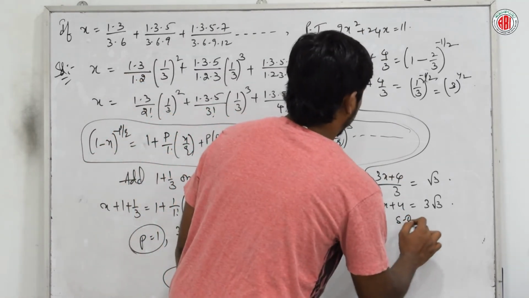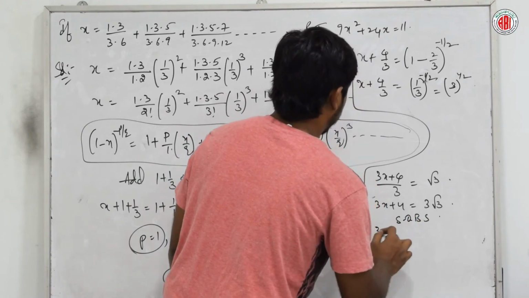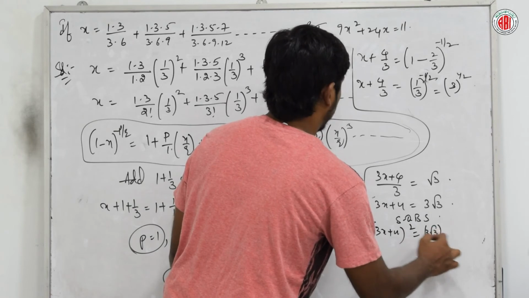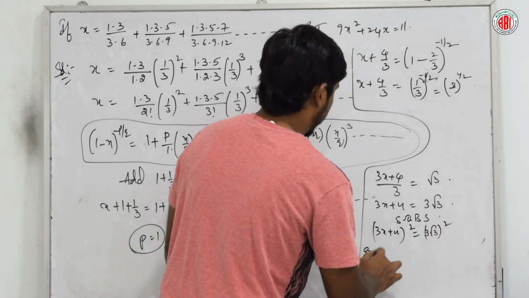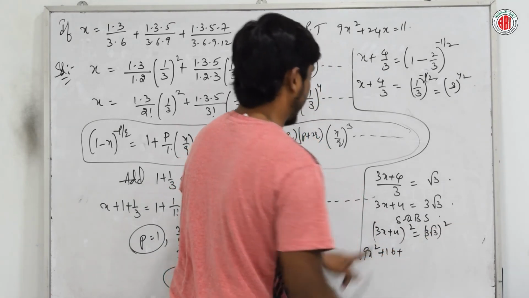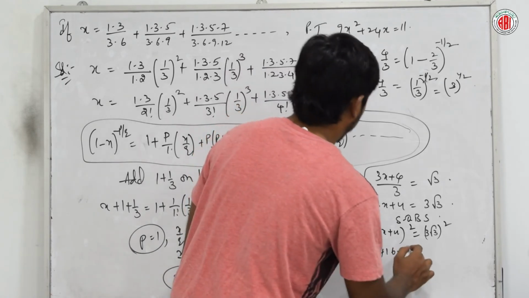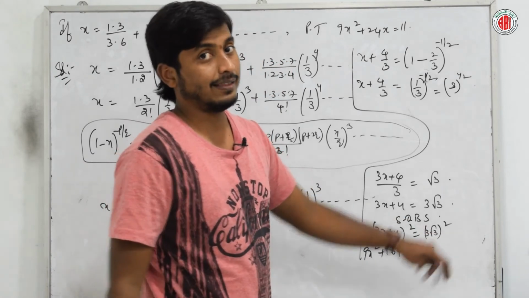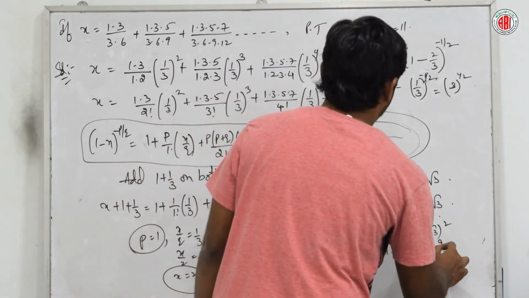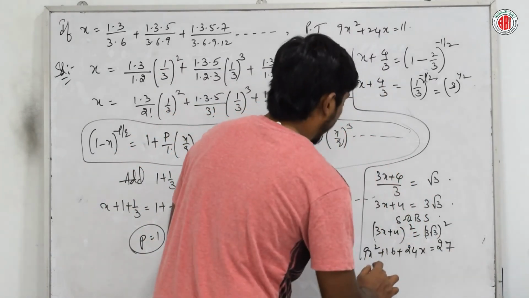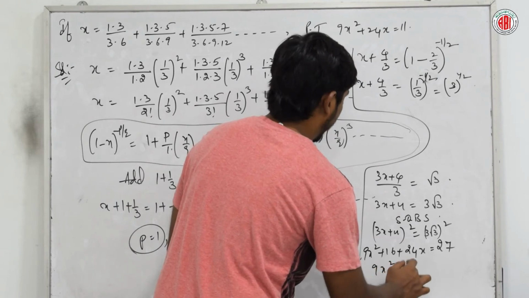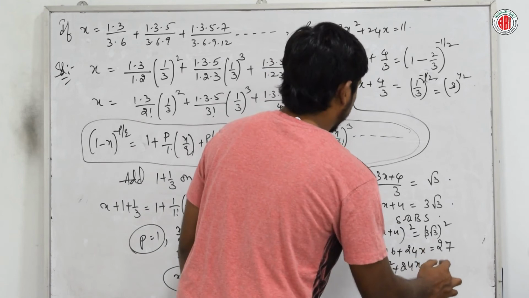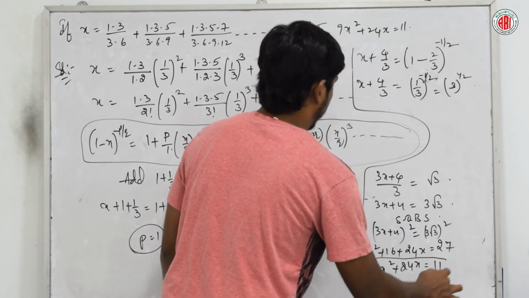I will get 3x plus 4 whole square is equal to (3 root 3) square. 9x square plus 16 plus 3 4s are 12, 12 2s are 24x is equal to 3 square is 9, 9 3s are 27. So, 9x square plus 24x is equal to 27 minus 16, which is 11.